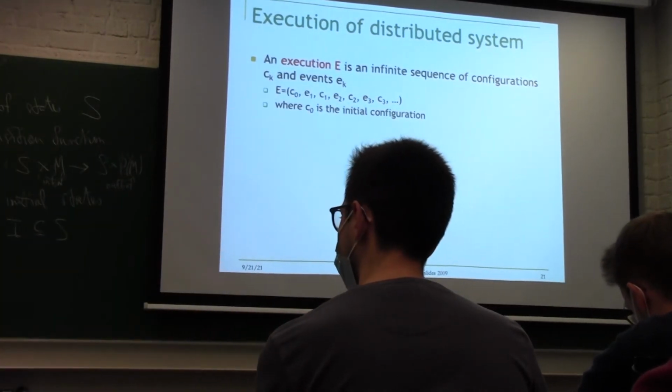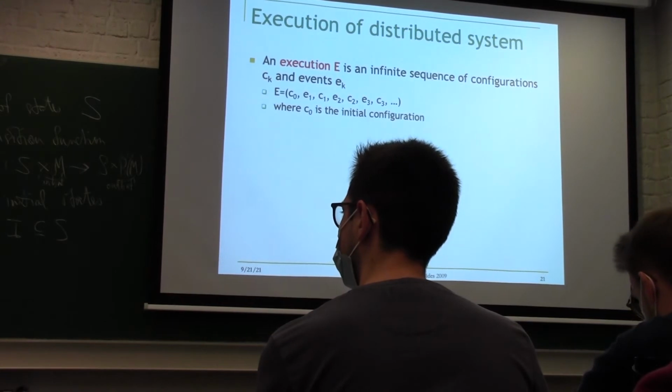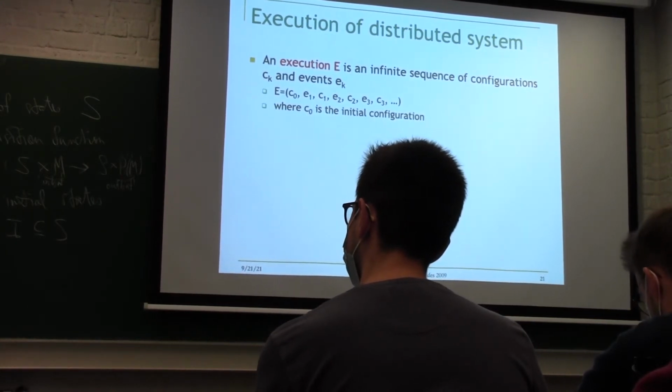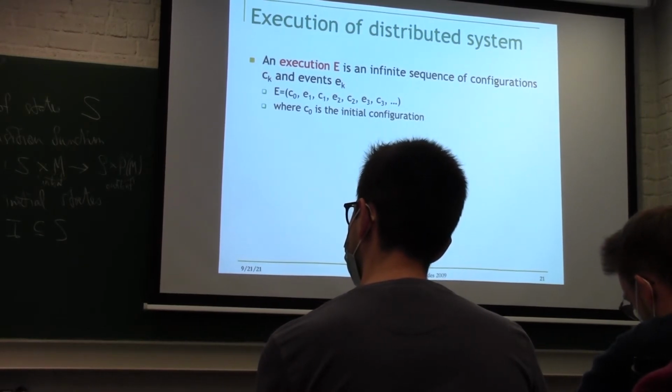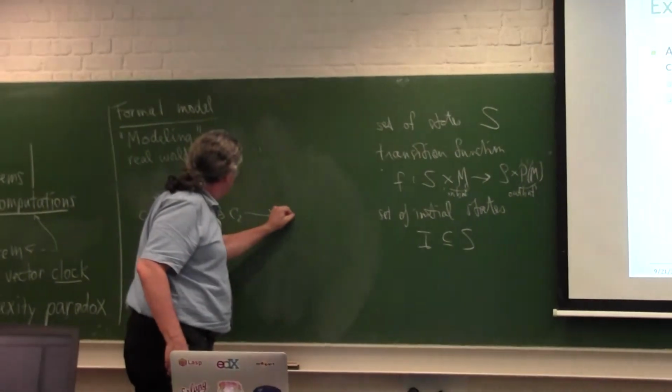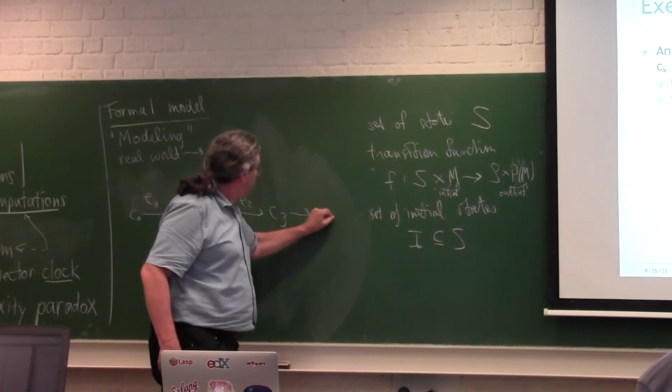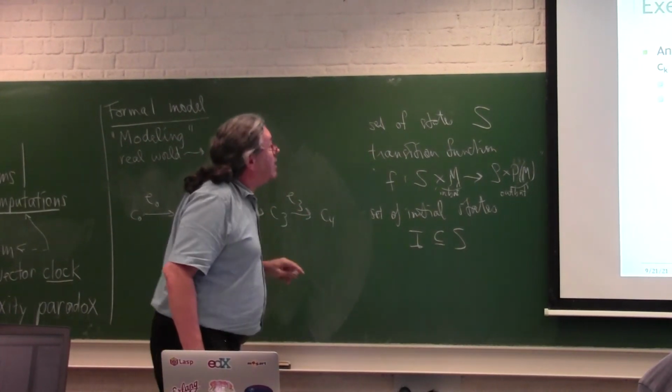You could write it in a slightly different way, huh? You could write it like this. Let me make a picture. It's just a notation, huh? So you could write it like this.